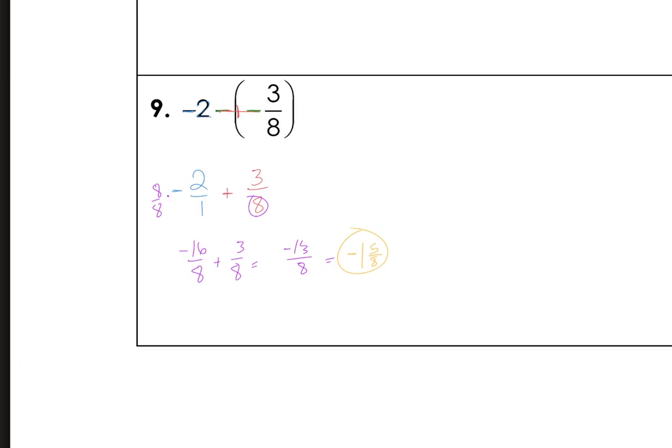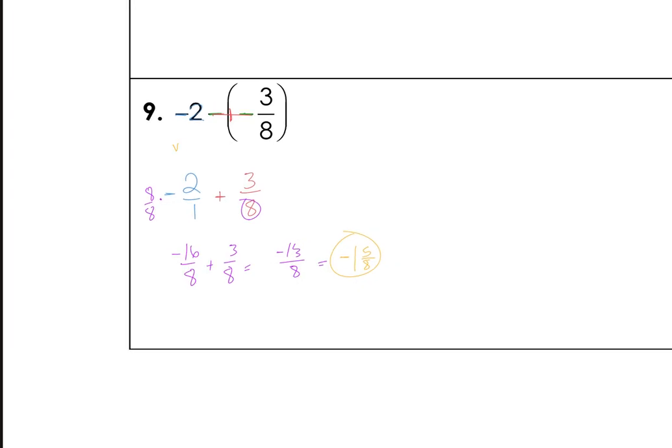Now, some of you out there might have been like, Mr. Math, I could have done this. I could have got there just kind of by thinking about it, right? Like if you're on a number line and you were at negative 2 and you were asked to go in the positive direction, 3/8. Well, you might have been like, well, listen, there's 1, 2, 3, 4, 5, 6, 7, 8.